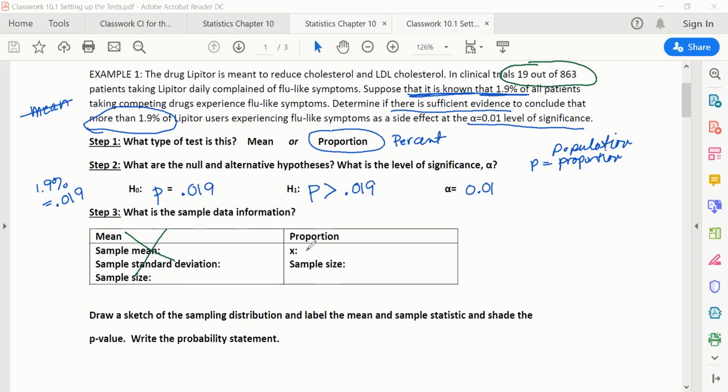So all you need is our X and our sample size. Remember, this is the number of success and our sample size N. So it was 19 out of 863. So our X is 19 and our N is 863. Okay, so that's going to give us a p hat of 19 over 863.